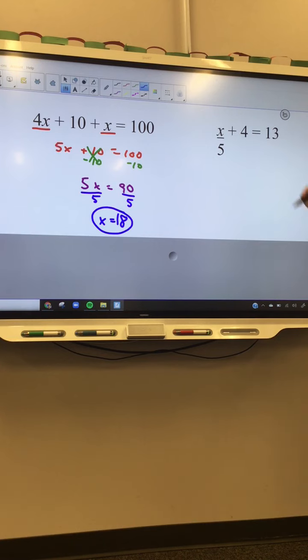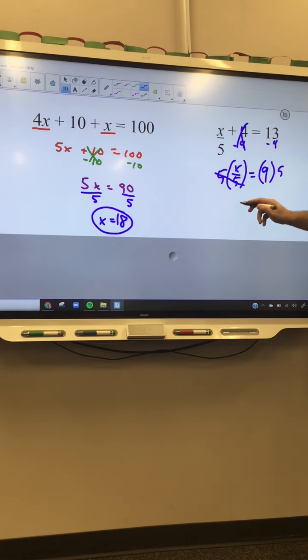Let's walk through the second one, because that one's all up there already. Here, I'm going to start by subtracting on both sides, right? It's going to cancel that out. I'm left with this. Now I'm dividing by 5, so I want to undo that by multiplying by 5. So I have to do that on both sides. Those cancel out, I should have x equals 45.